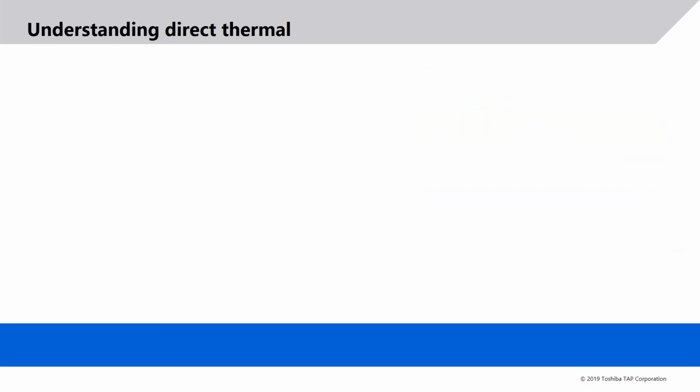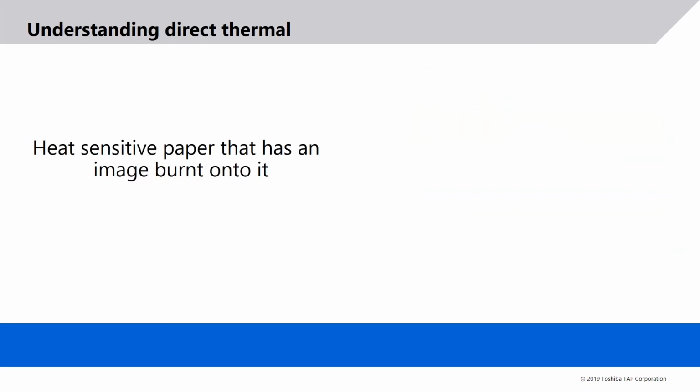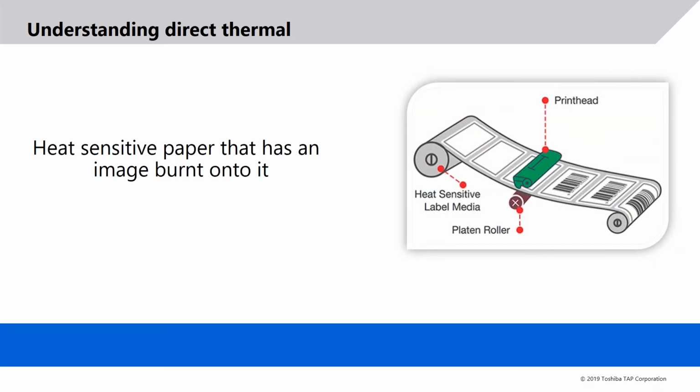So direct thermal itself simply is the printer and a label or a receipt paper. So it's the same type of process that we get when we receive a receipt from a shop. The printer burns an image on the stock. And the way that that image is generated is not with ink or toner, which is a common misunderstanding.